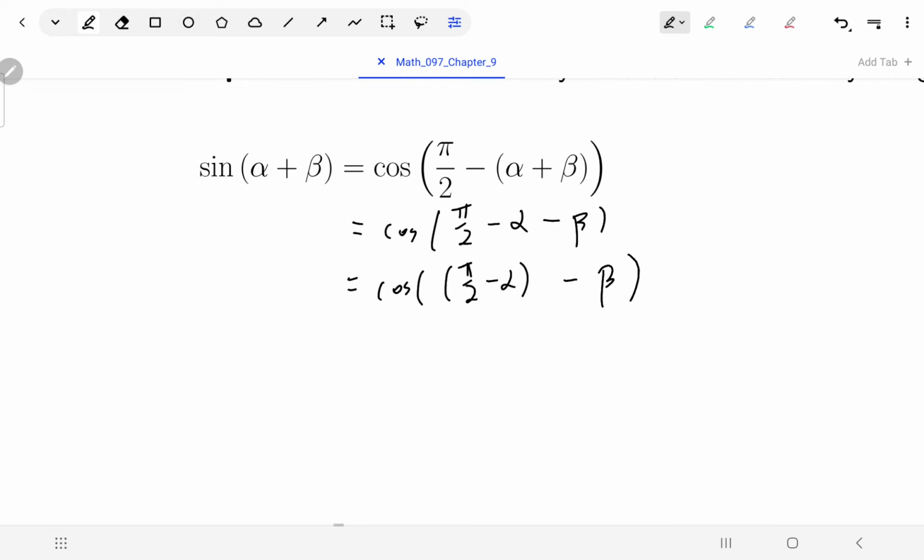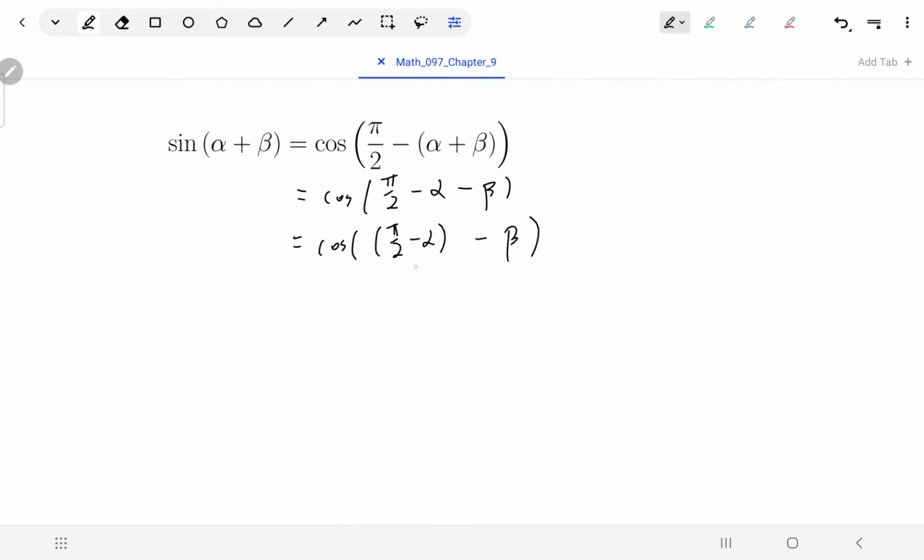So now, what have I got? I have cosine of one angle minus another, and we already know our cosine identities, so I can use them and say that that should be cosine of the first angle, cosine of the second, plus sine of the first angle, sine of the second.